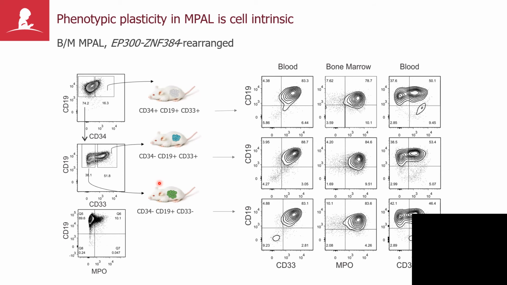And what we found was that in a number of tumors, here again a ZNF384 rearranged tumor, it didn't matter what tumor population was transplanted, the resulting tumors reconstituted the diversity of the original diagnosed leukemia. So this strongly suggests that the plasticity seen in these leukemias is intrinsic to the cell and intrinsic to the patient.